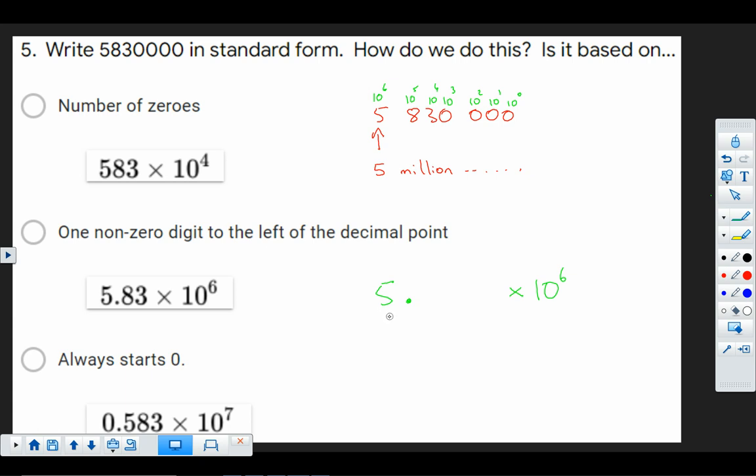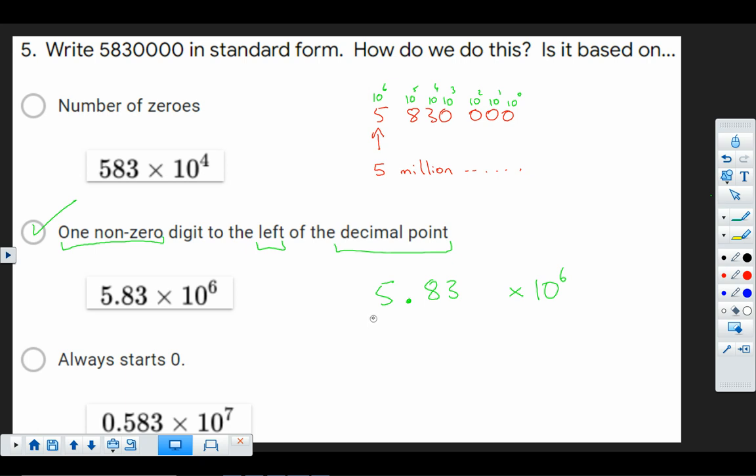So our standard form is 5 point, whatever the decimal places are, in this instance 83 times 10 to the power 6. So the solution that we're after is where we have one non-zero, so one significant digit to the left of the decimal point. All right, so that's our answer there, and that's our explanation why.